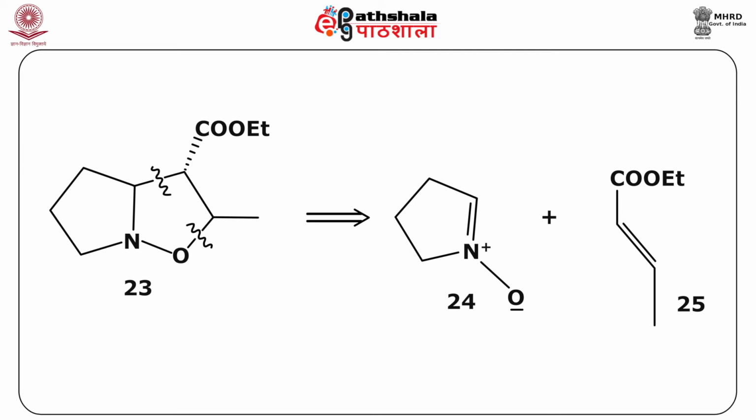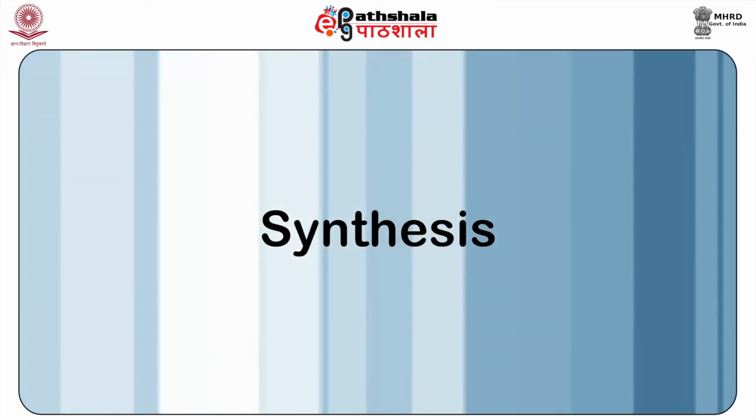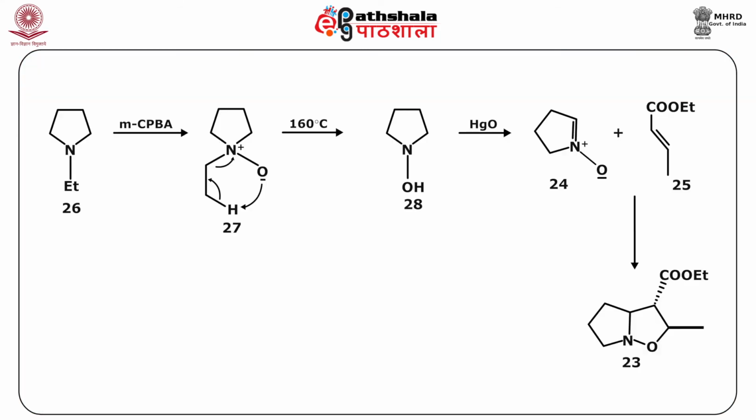The cleavage of the carbon-carbon bond and the carbon-oxygen bond leads to the formation of the two precursors, which can then be reformed in the synthetic approach to give the desired product. Looking at the synthesis of ethyl (2R,3S)-2-methylhexahydropyrrolo[1,2-b]isoxazole-3-carboxylate, as given in the figure and explained in the following 4 steps.